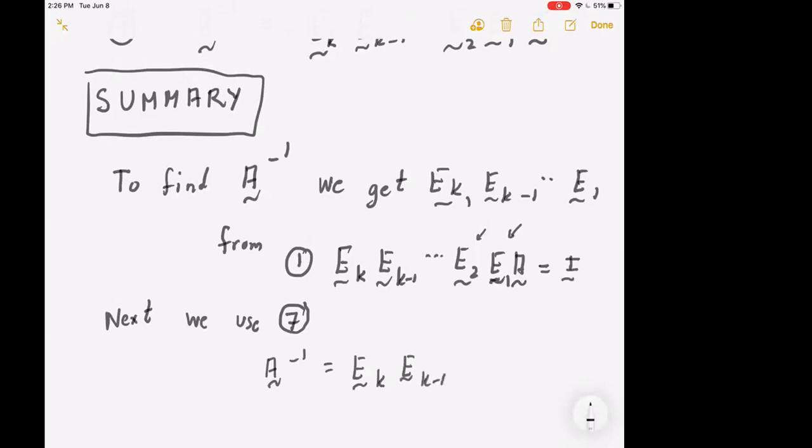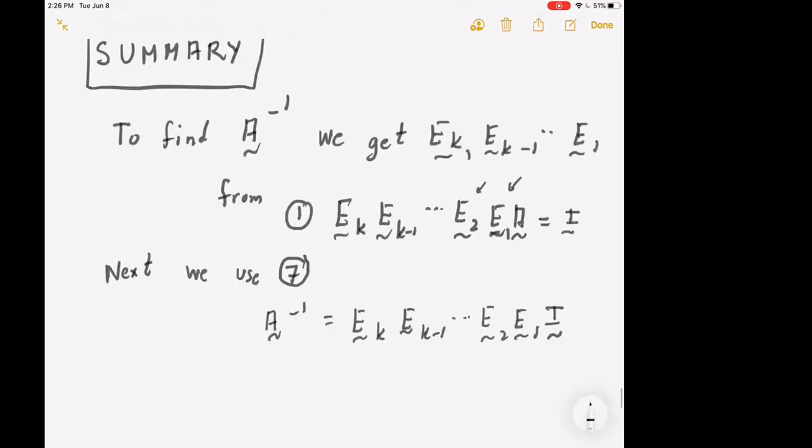Remember, matrix multiplication in general is not commutative, so the order of the matrix multiplication is important. But now that you know what these elementary matrices are, you can multiply them by the identity matrix, and that will give you the inverse of A. So there are two things that you need to do.